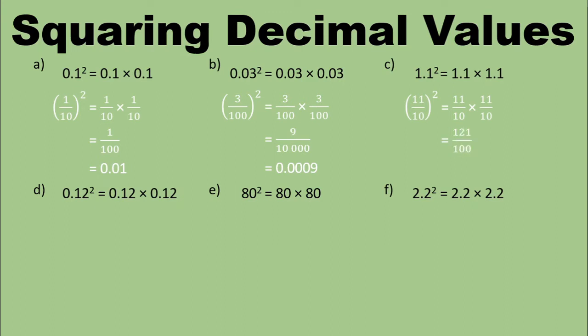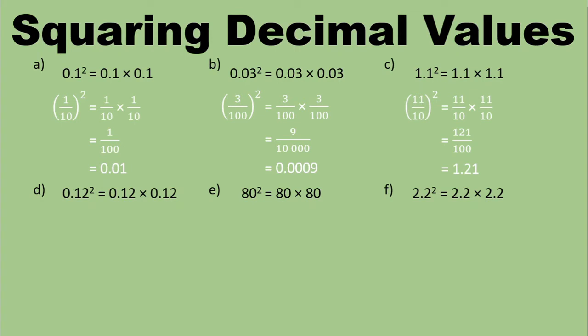So that's 121 over 100, which we will either want to convert to a mixed number because it's top heavy, but I would prefer as a decimal as our question was given as a decimal. So that's 121 divided by 100, that's 1 and 21 hundredths.